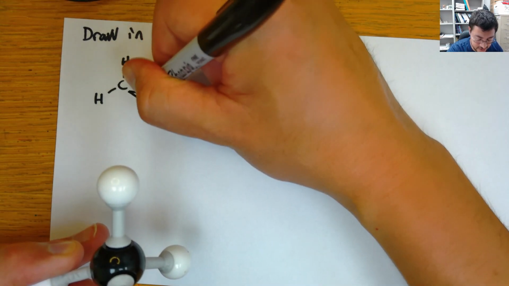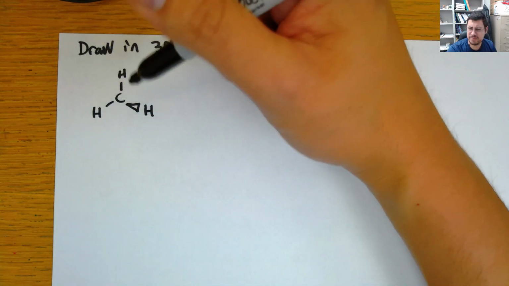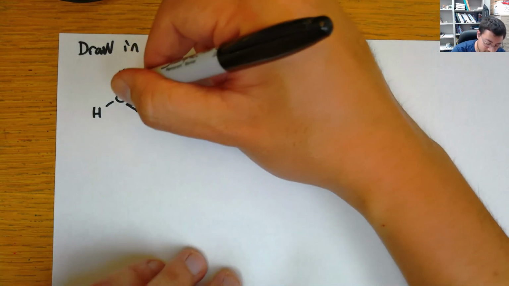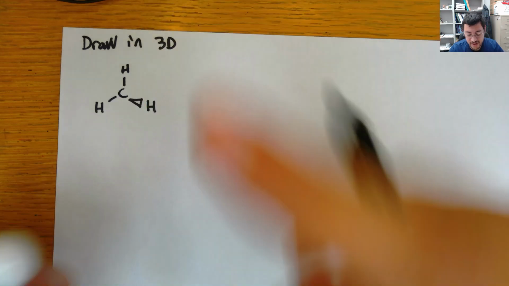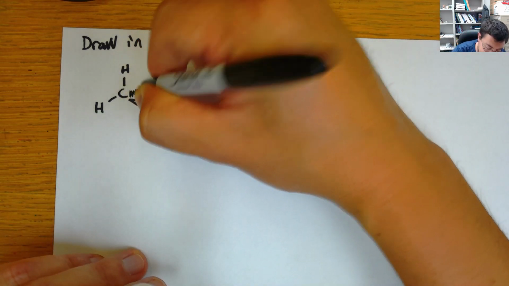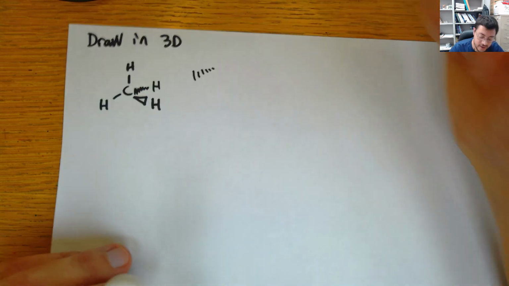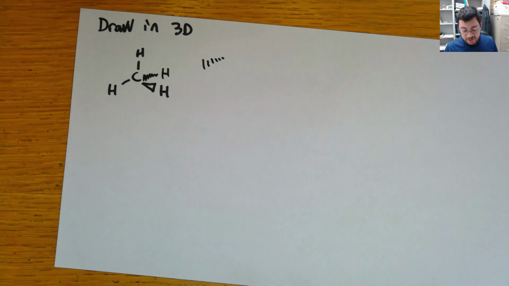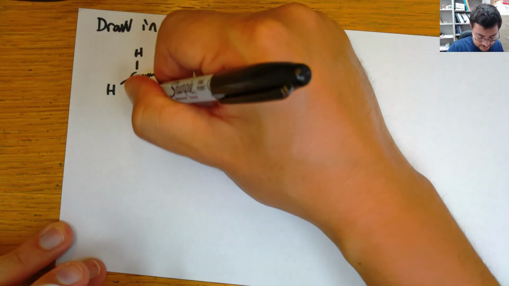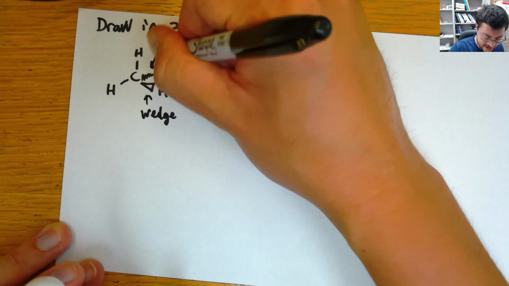We're going to use something called a wedge, like a pizza wedge. Pizza slice? Never mind. And for this one, going away from me, I'm going to use something called a dash. Kind of make a tornado, or some people like to go choo, choo, choo. So wedge, and then dash.